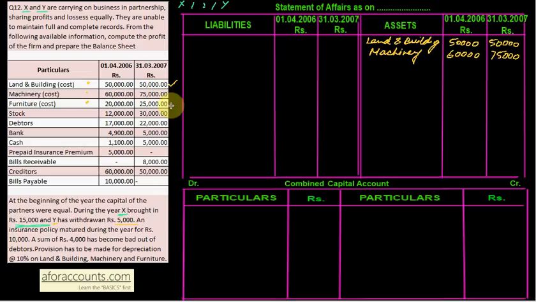Furniture at cost 20,000 and 25,000. Again some purchase of furniture has been done. 20,000 and 25,000 is your furniture.